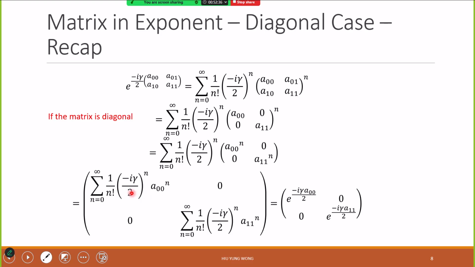And then this just goes in, and eventually, in summary, when you exponentiate a diagonal matrix, you just need to exponentiate the diagonal elements. Make sense?